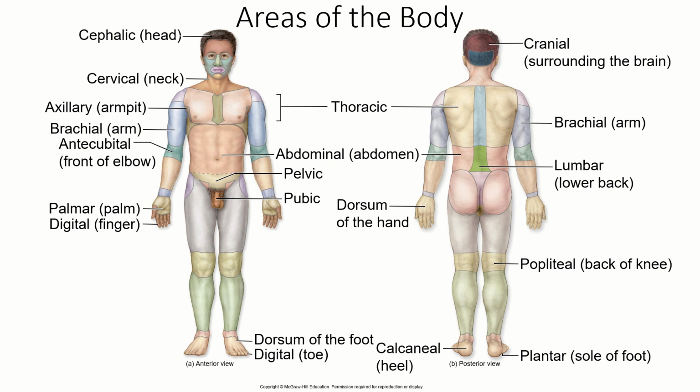Hopefully these make sense. Let's see, what do we have for medial lateral? The antecubital part of the arm is lateral to the abdominal area and the belly button, the umbilicus. Make sense? All right. We'll finish up one more in just a second.